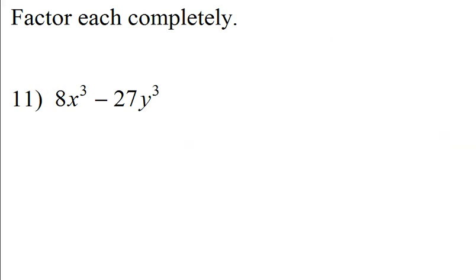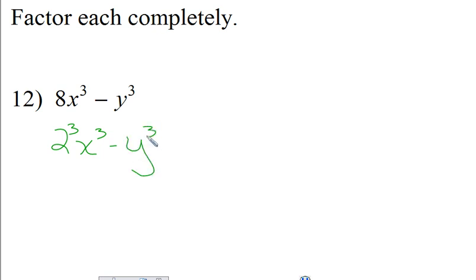Okay, let's see if there's one more we can do. Let's try number 12. Again, we have a perfect cube in that 8. So the binomial will be 2x minus y.